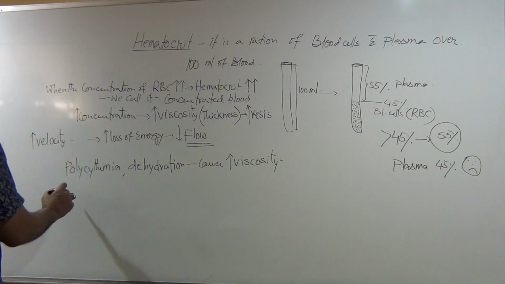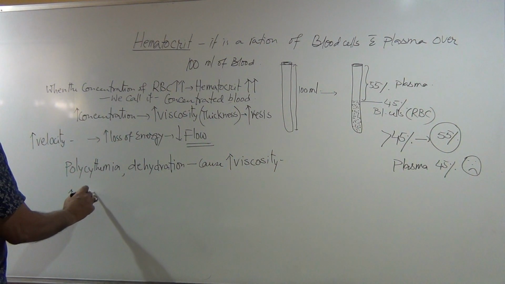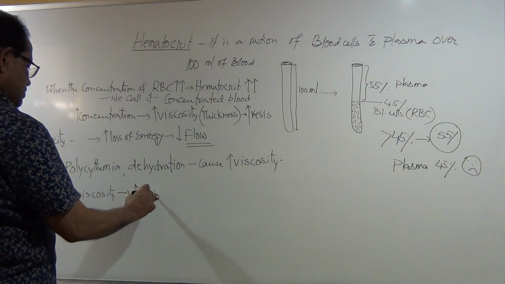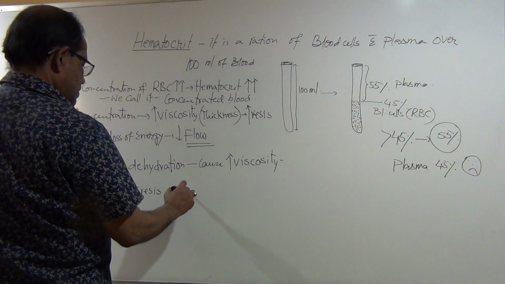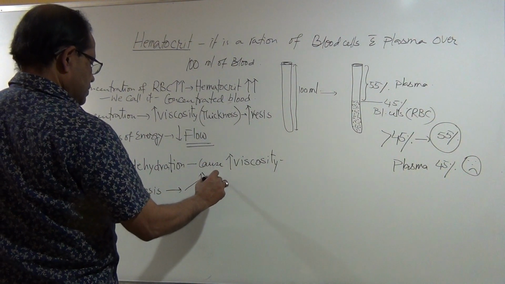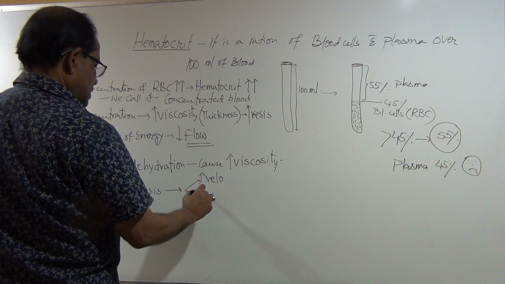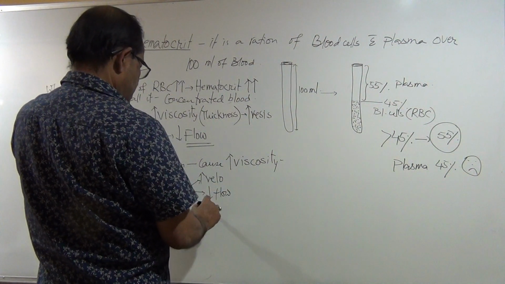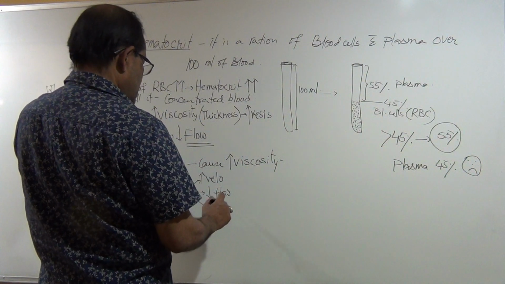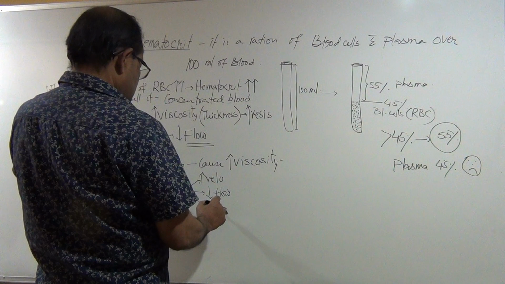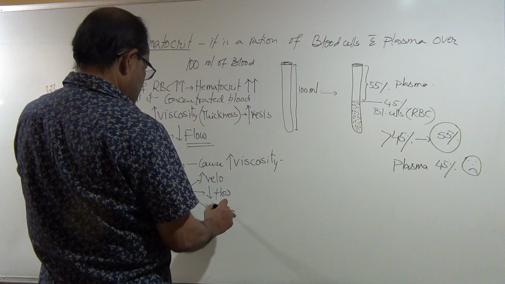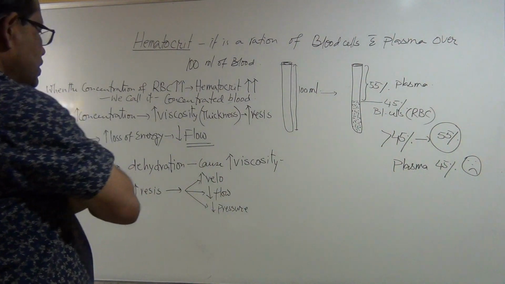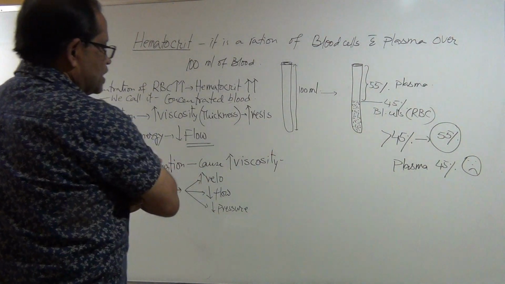Okay? So now, increased viscosity, increased resistance will cause increased velocity, decreased flow, and when there is a decreased flow, meaning the amount of blood will be less, so the pressure will be less, because less blood is coming because of the increased loss of energy.